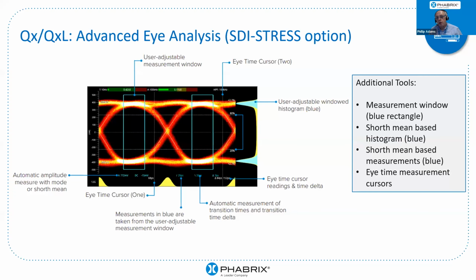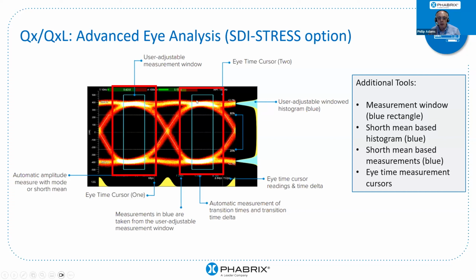One of the big subjects was eye amplitude measurement. For most people, the measurement tools we have in the standard products are fine. But if you're starting to work with oscilloscopes and other pieces of equipment which are not SDI based at the core, but you want to test the interfaces, then you'll come across something called Shorth mean. So we have the ability in the advanced tool to use Shorth mean as a method of measuring eye amplitude.